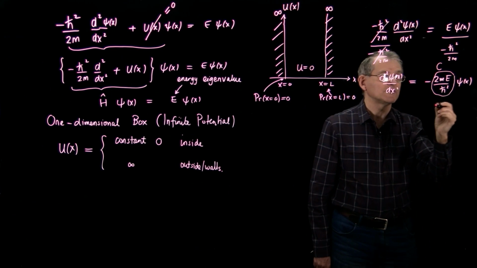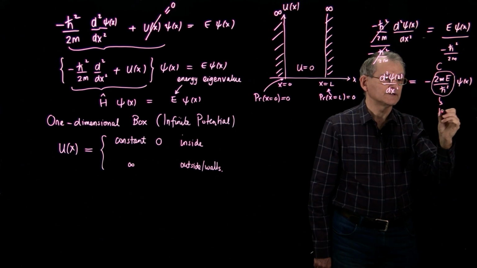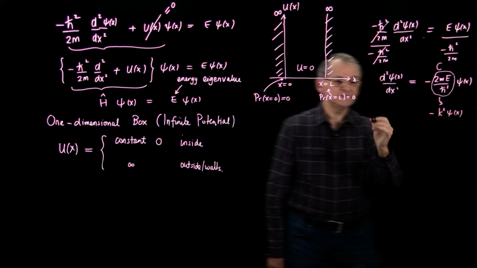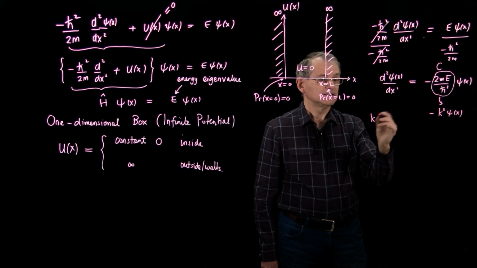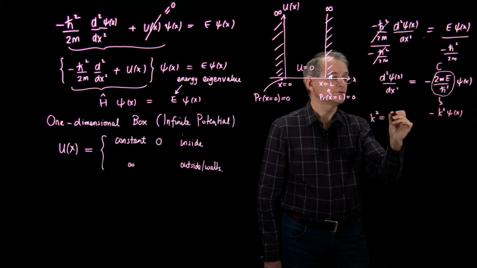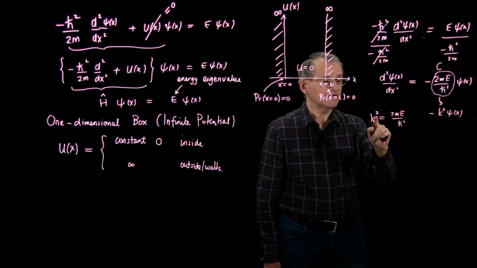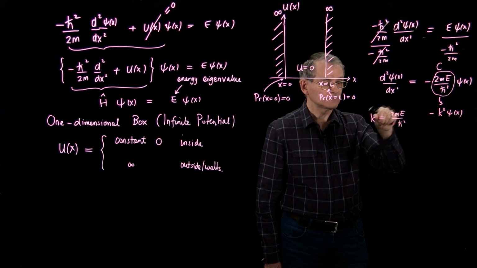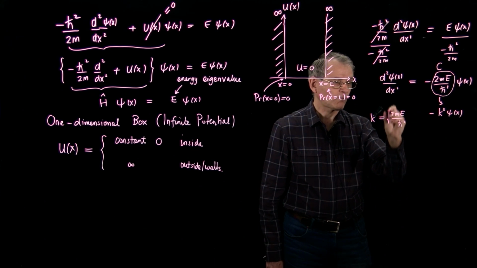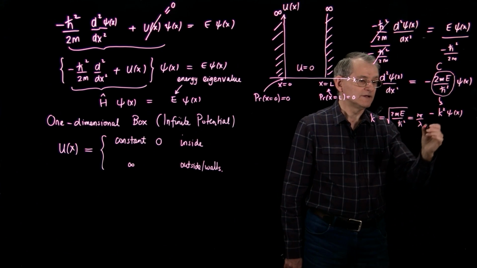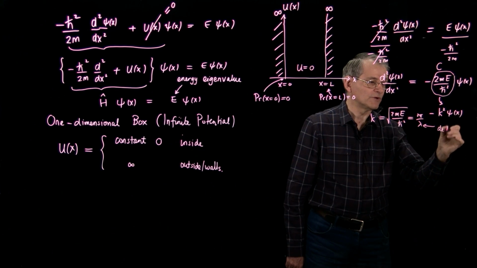In fact, I'll choose to write this as k squared. And physically, k squared will be equal to 2mE on h bar squared. But in fact, if I take the square root of this, this is none other than 2 pi on the wavelength, and this lambda here is the de Broglie wavelength.